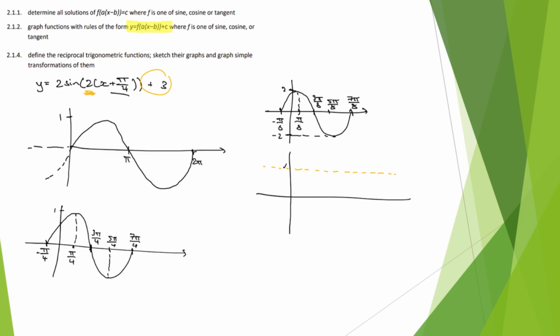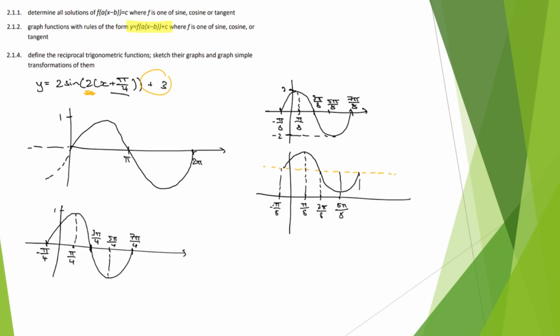And so if I look at my trigonometric function, it looks something like this. And these values correspond here. This corresponds to pi on 8. This here corresponds to negative pi on 8. This corresponds to 3 pi on 8. This corresponds to 5 pi on 8.